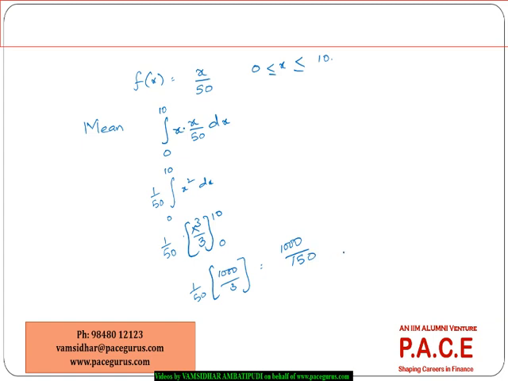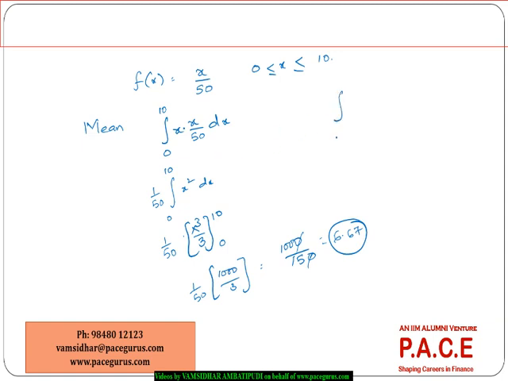That is the mean of the data: 1000 by 150, which is 100 by 15, which works out to 6.67. So 6.67 is the mean of this particular data. We are clear on finding the mean.